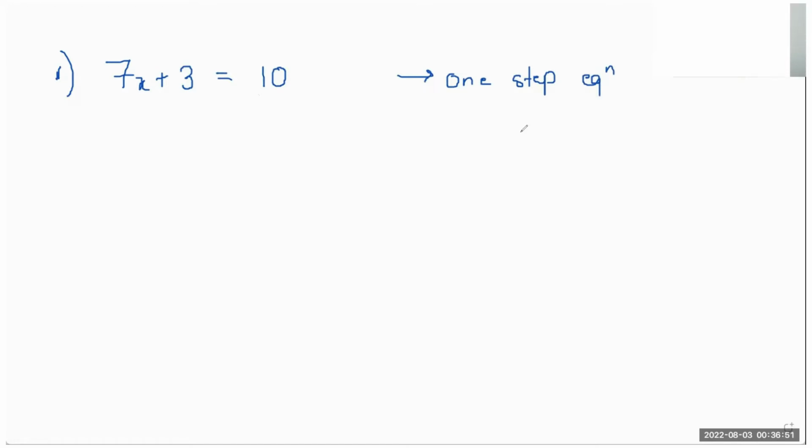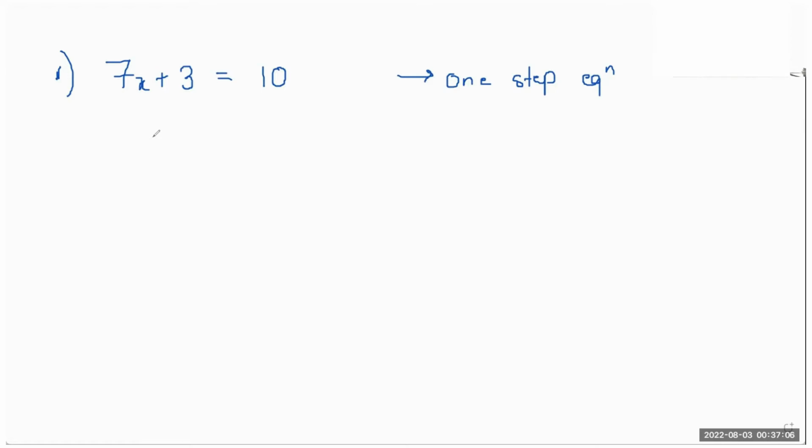X equals 0. X equals 0. What did you do first? What was the first step? I did 7 plus 3.